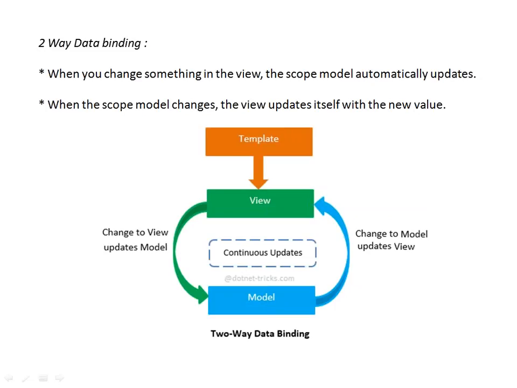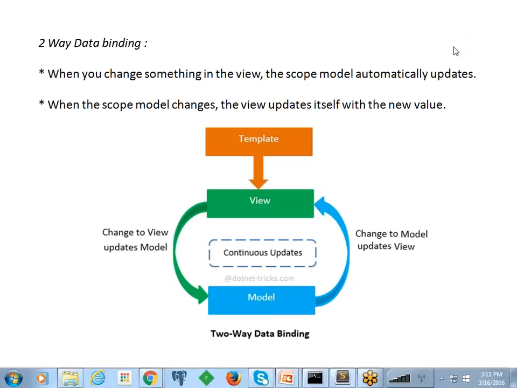Just to brush up, the knowledge of two-way data binding is a must before going to this. In simple words, when you change something in the view, the scope model automatically updates. When the scope model changes, the view updates itself with a new value.